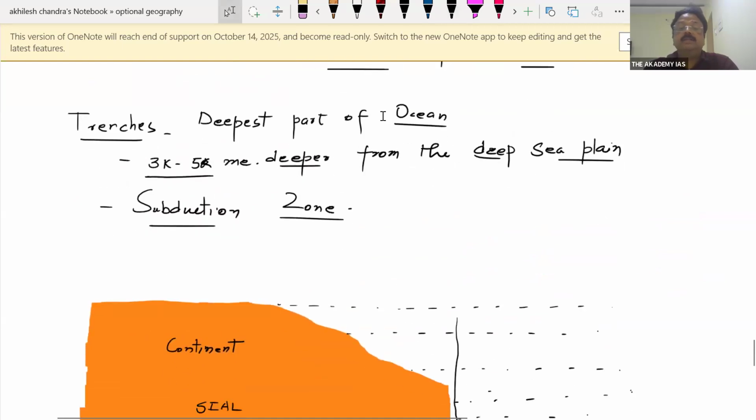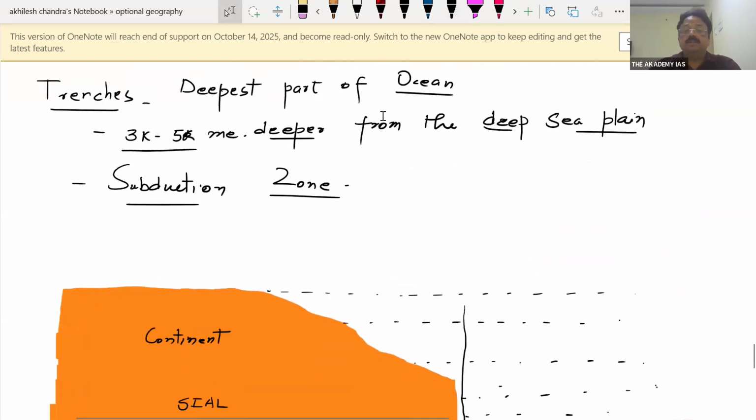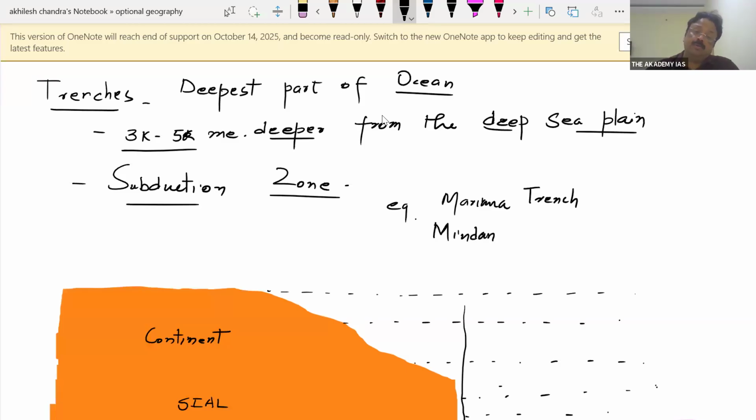Fine. These are the trenches, and there are many examples, like the Mariana Trench, the Filipino or Mindanao Trench, the Kurile Trench, and the Peruvian Trench.